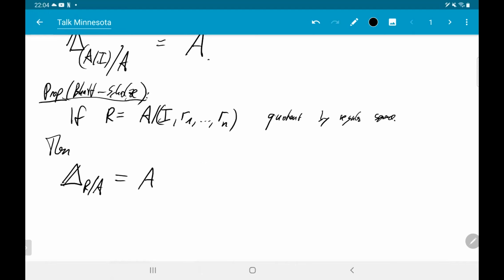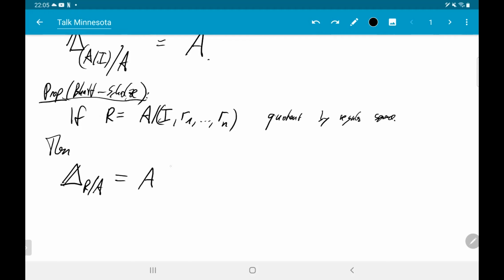This again starts with A, but now you need to do some modifications that have to do with the fact that in this R you've killed more elements. And you would think that you need to quotient by stuff. But something cool happens. Somehow if you quotient on the level of R, prismatic cohomology just gets bigger. And if you've ever done some computations with TP, you might have seen the same thing happen: if you make the ring smaller, then of course THH also becomes smaller, but TP makes everything as free as possible, and TP typically gets just more elements adjoined.